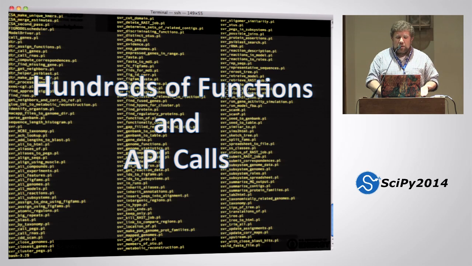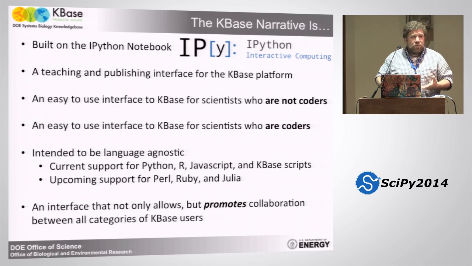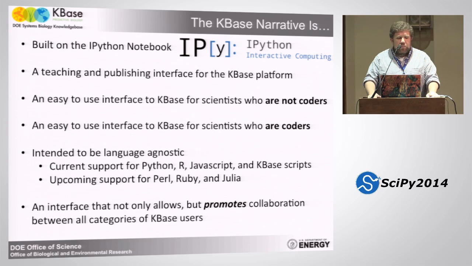But really the way that we envision having people access these and work with them is through the KBase narrative. The narrative is intended to be our major graphical interface into the KBase system. And this is built on top of the IPython notebook. It's meant to be both a teaching and a publishing interface for the KBase platform.